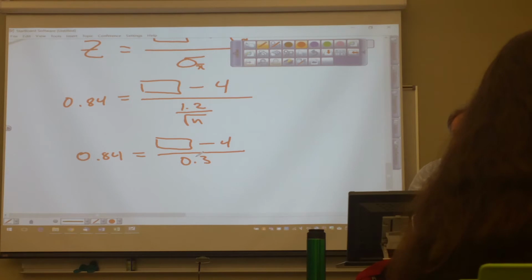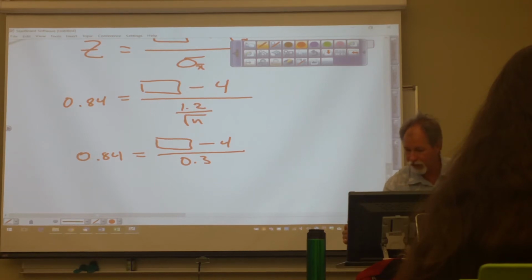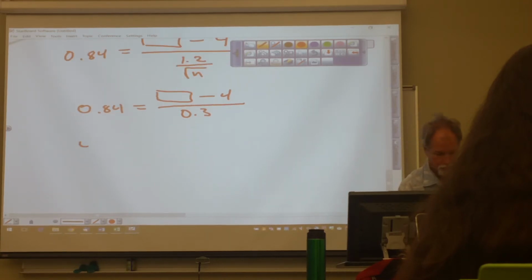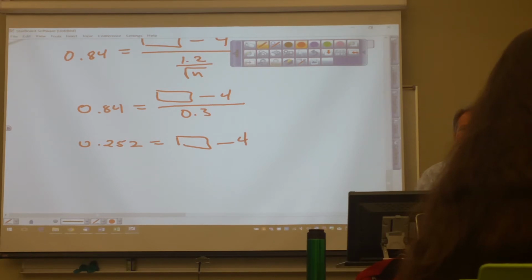Then I multiply everything by 0.3. So 0.84 times 0.3 gives me 0.252 is equal to some number minus 4. And since I want to find the number, I'm going to add 4 to both sides.